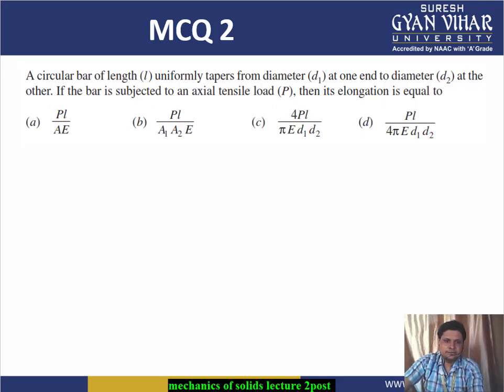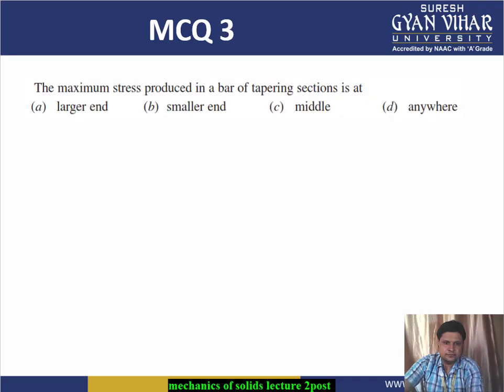If the bar is subjected to an axial tensile load P, then its elongation is equal to, now this is the concept, as we all know by formula. The correct formula for this particular question is 4PL upon pi E d1 d2. So answer C is the correct answer.